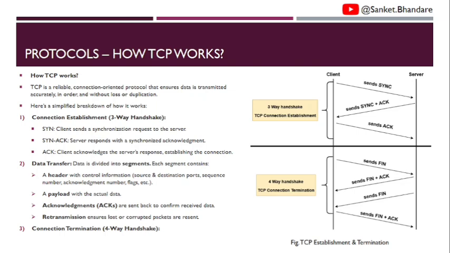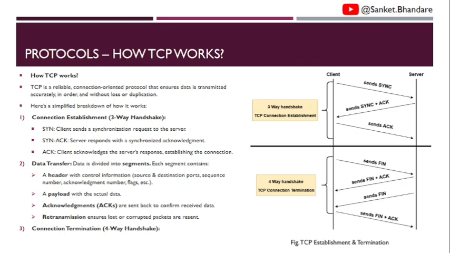So a segment has a header and a payload. The payload will store the actual data. In our case, that is iPhone, which the user wants to search on the Amazon website. So the actual payload will be the text that has been passed as an input, and acknowledgements are sent back to confirm that the data is received.